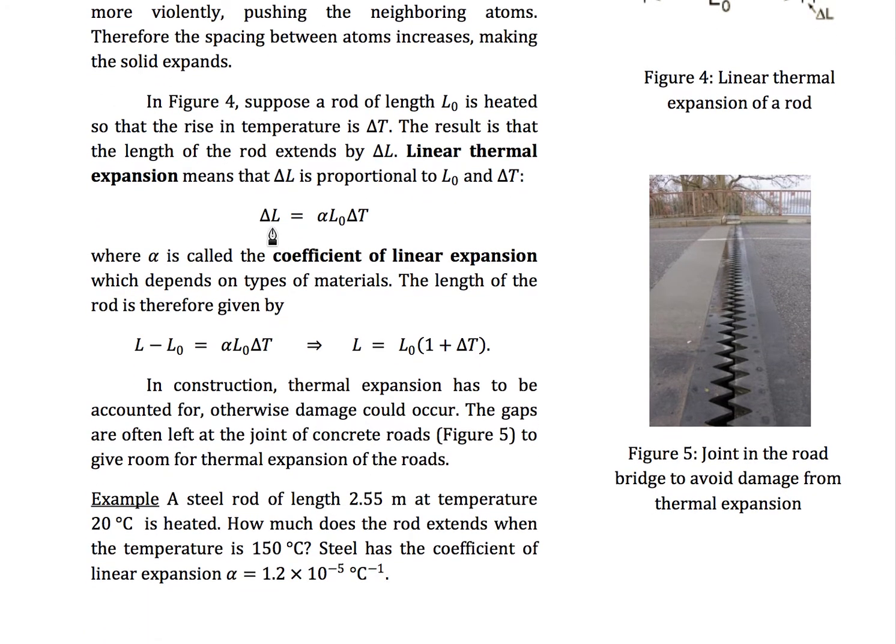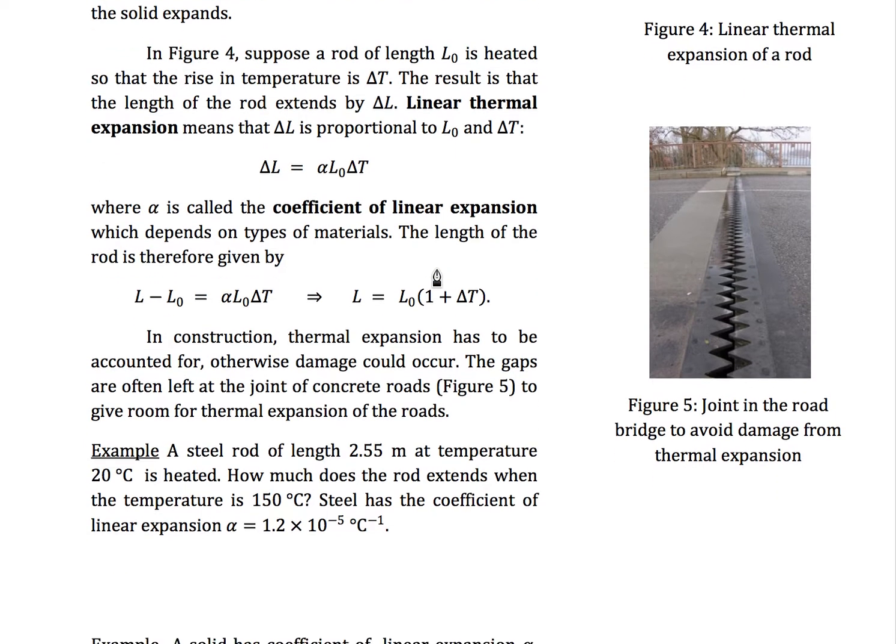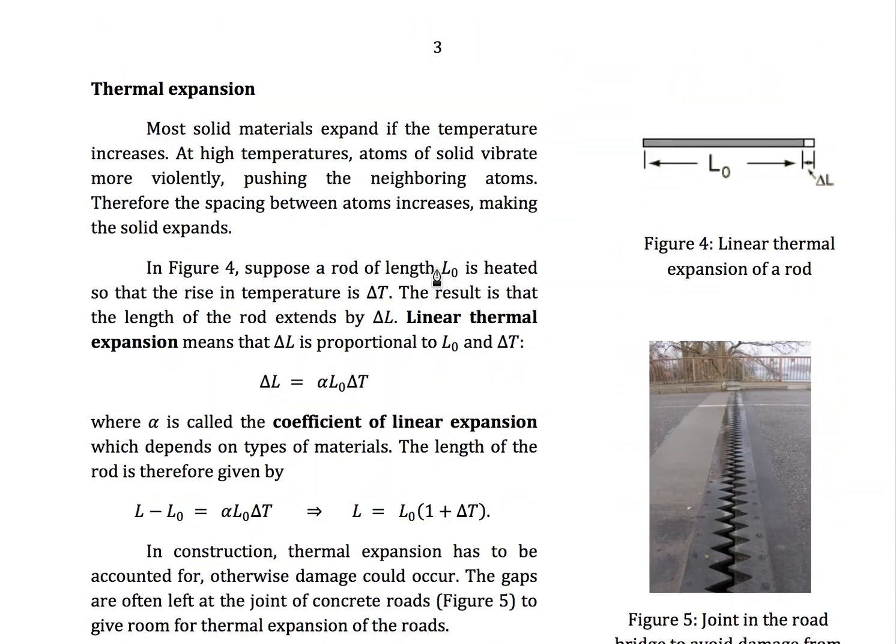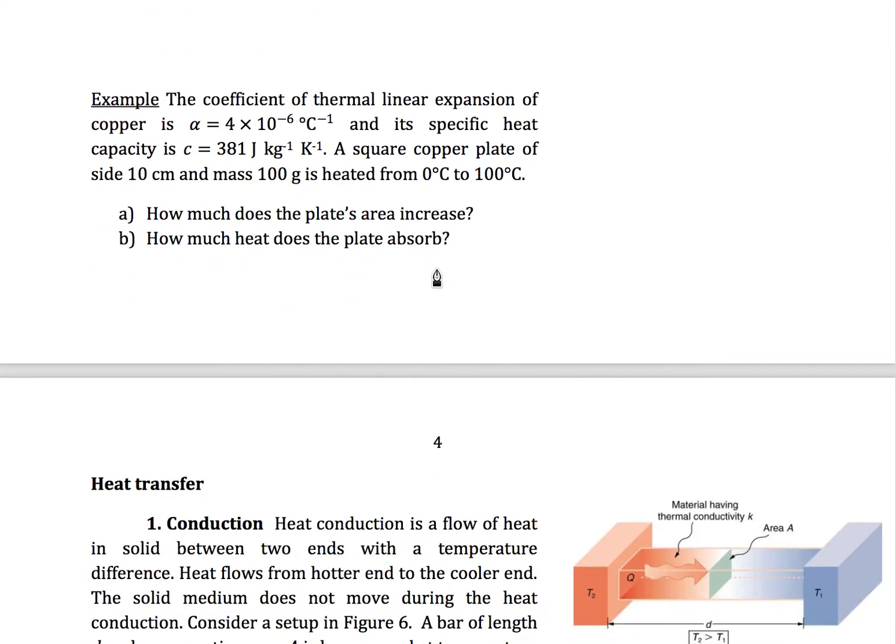So here you have the equation delta L = alpha L naught delta T. The change in the size of your material will depend on the original size, on the temperature change, and on the coefficient of linear expansion, which will vary between materials.